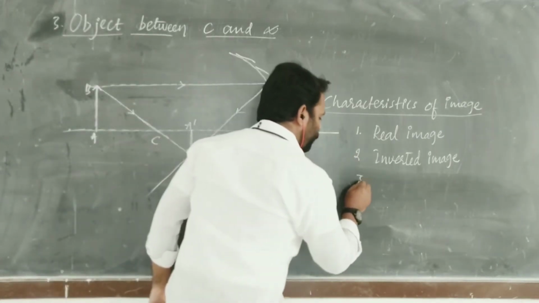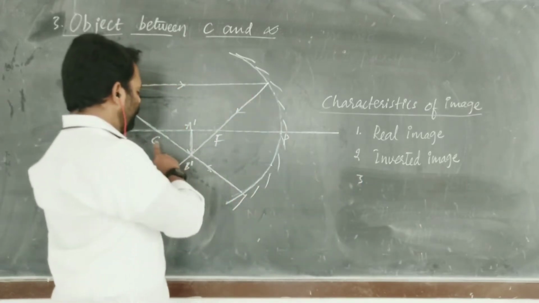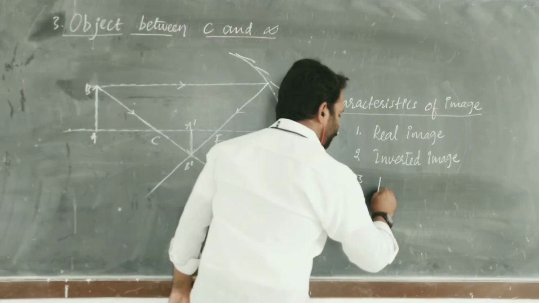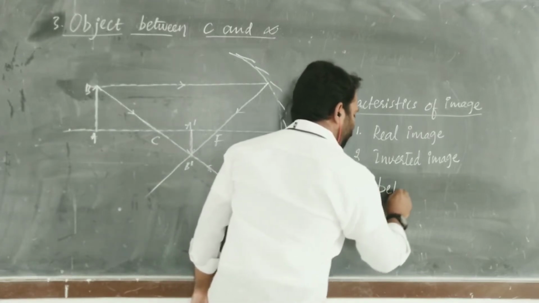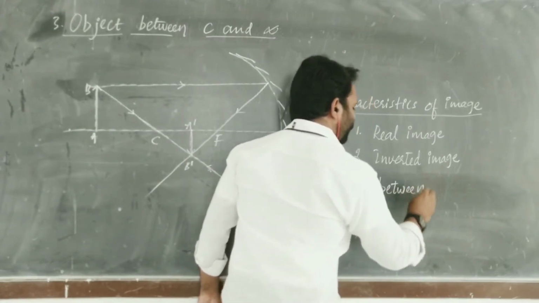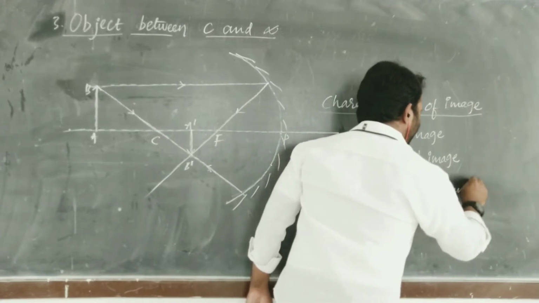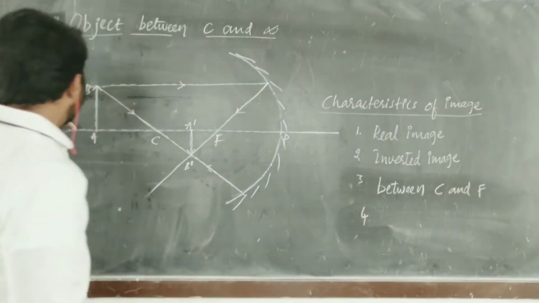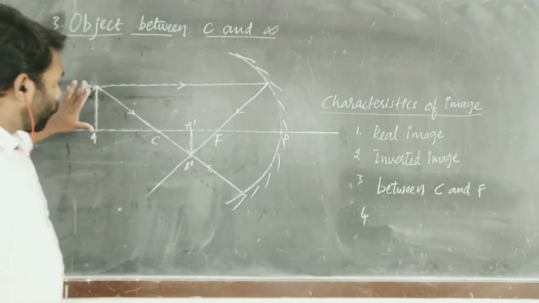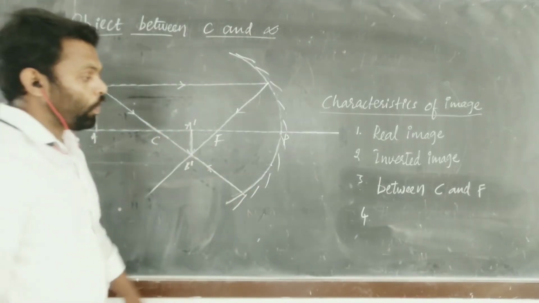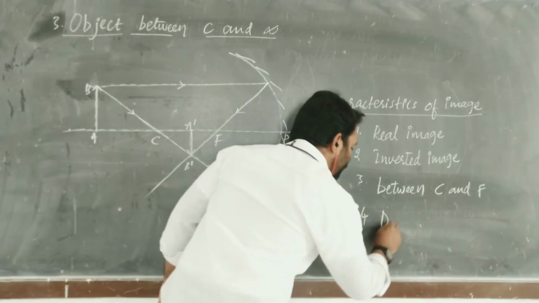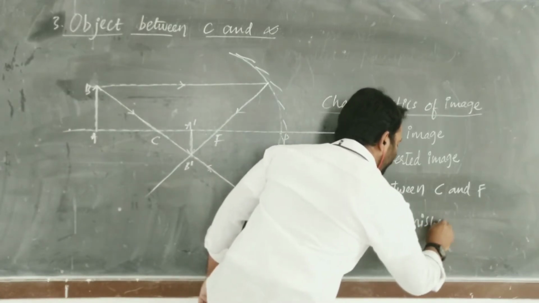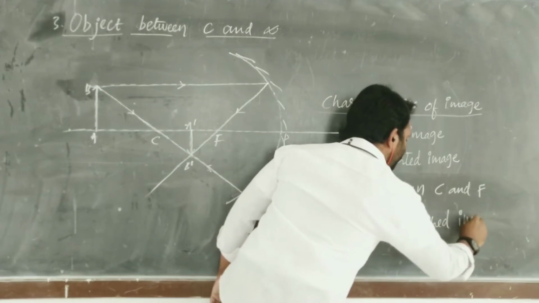Third one, the position of the image is between the center of curvature and focus. And fourth one, the object size is more than the image size, so we can call this image a diminished image.